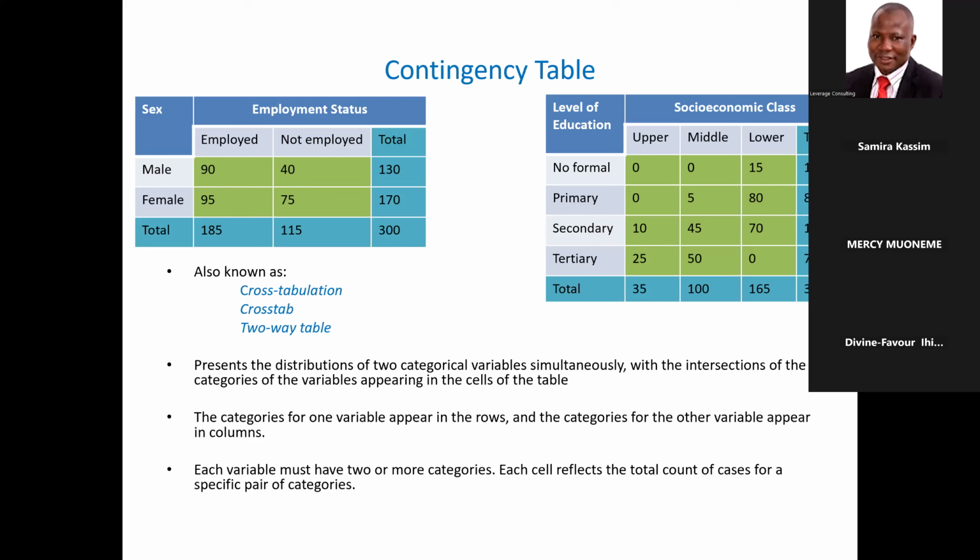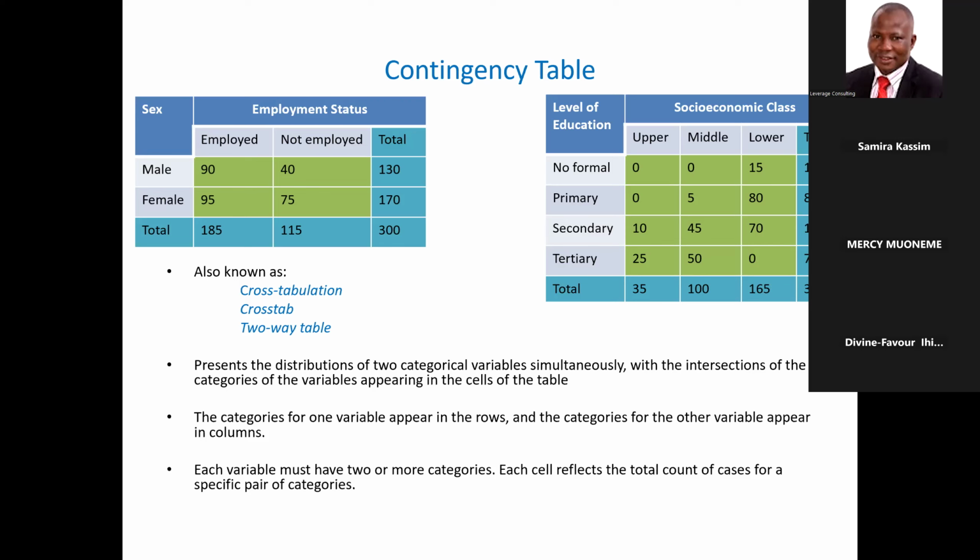Each variable must have 2 or more categories. So you cannot do it if, for example, they say sex, and it's only the women that are going for antenatal. That shows that there is no man among them. You cannot calculate it. Even if you have a pregnant employee, there's no male, so you just have 95 and 75 with 170.